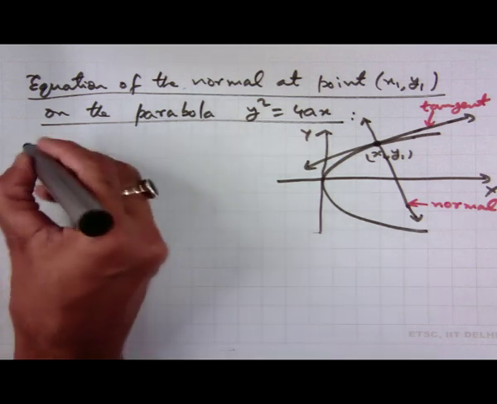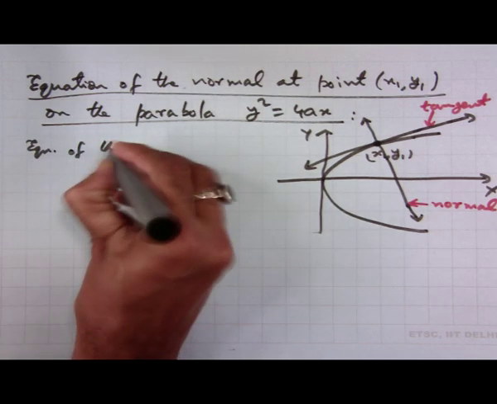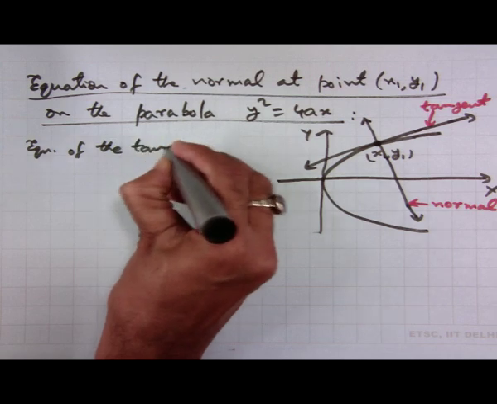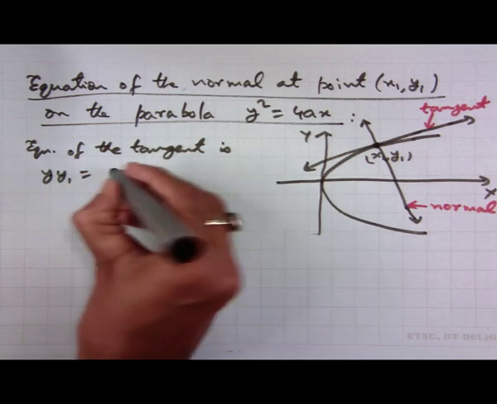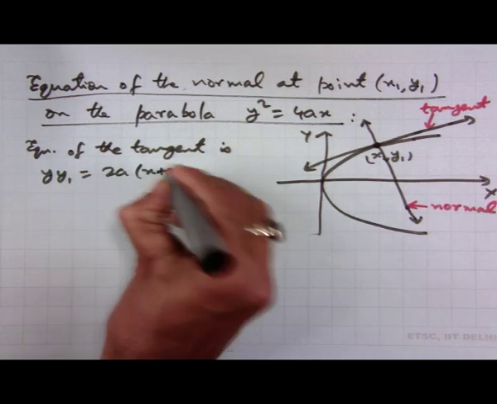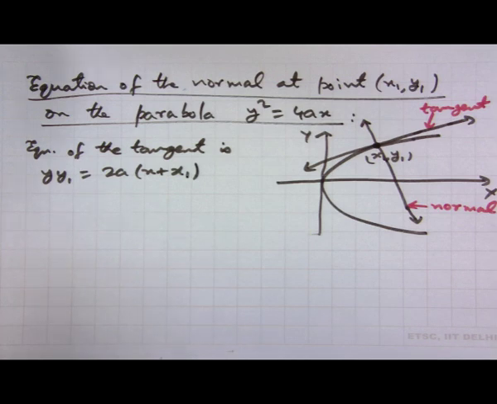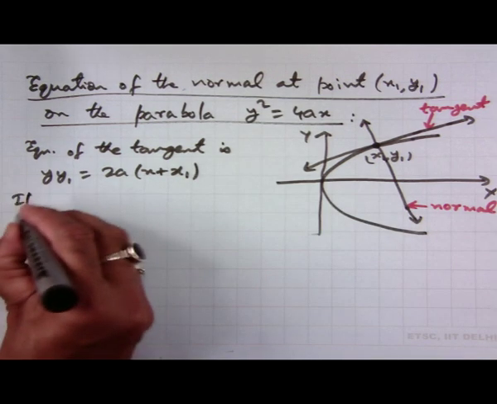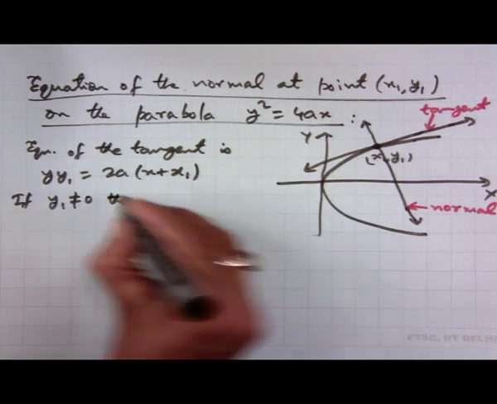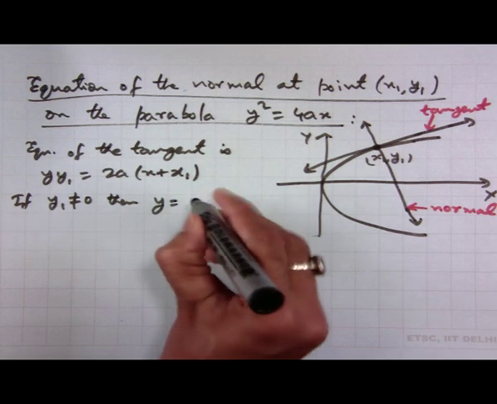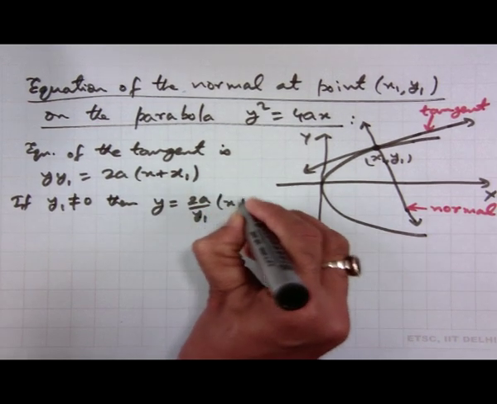The equation of the tangent is y y 1 equal to 2 a times x plus x 1. So, if we assume y 1 is non-zero, then we can write this as y equal to 2 a by y 1 times x plus x 1.